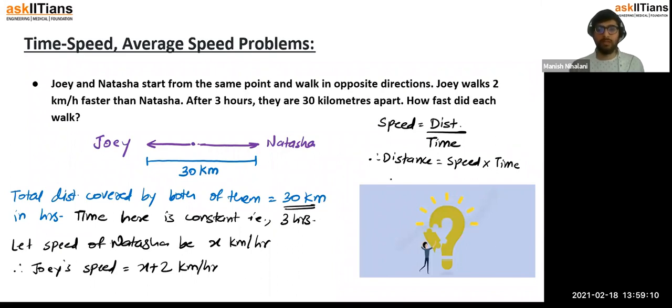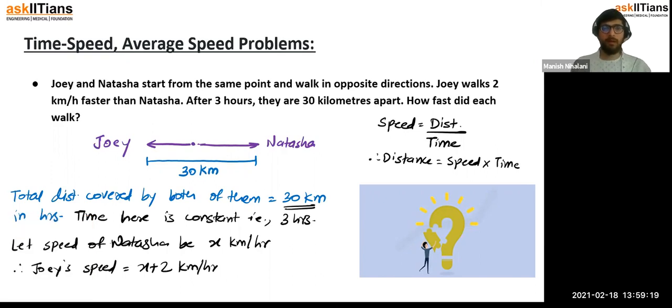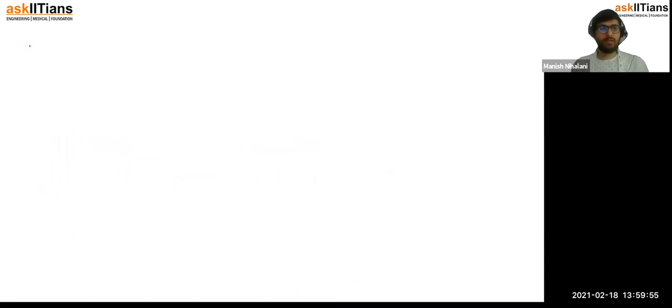So the total distance is 30 kilometers, which is the distance covered by Joey plus the distance covered by Natasha.